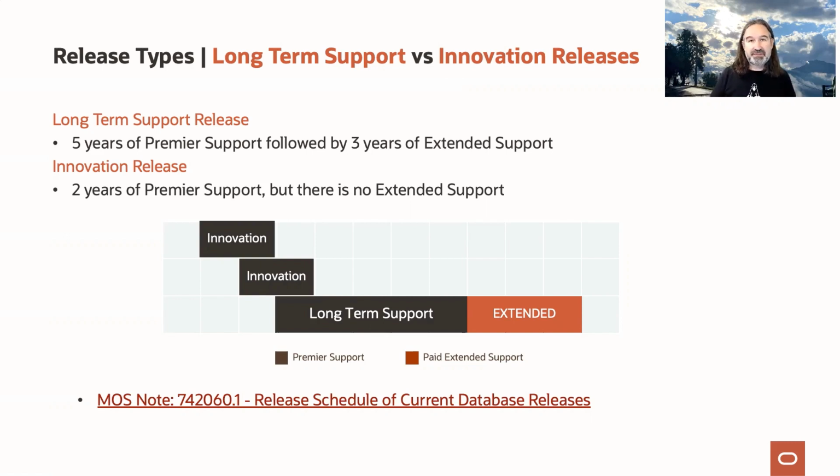Innovation releases. This is what will happen after 19c. So the next releases will be innovation releases with a very short support time frame. So be aware, innovation releases are meant for development purposes, to test and try out things. Maybe you would like to develop something based on blockchain tables, a feature which is coming out soon with the next releases. And then you give this to your developers.